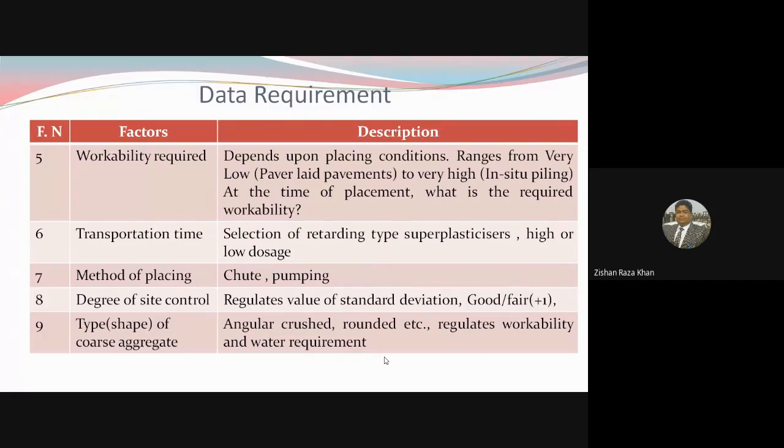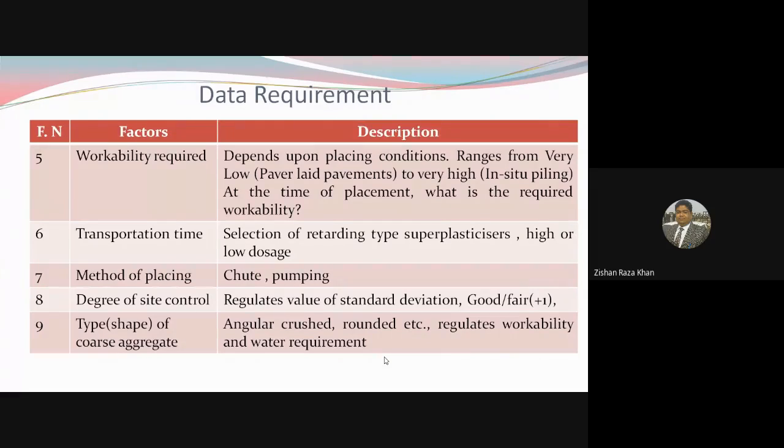If you are using concrete for piling and for casting thin walls, like a thin shear wall or a heavily reinforced column, then very high workability is advisable. Based on placing conditions, we can alter the workability required. It affects the ratio of fines to coarse aggregate and the water also.